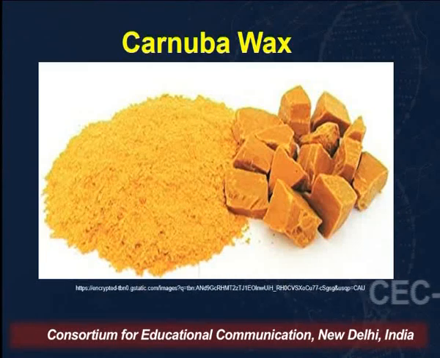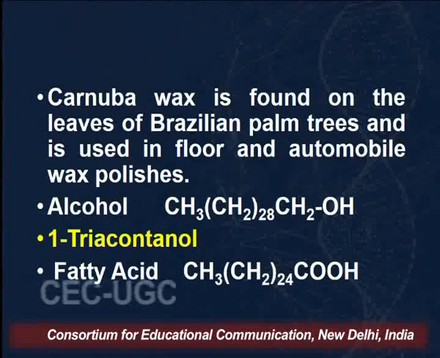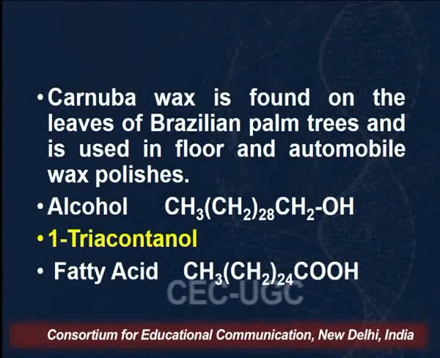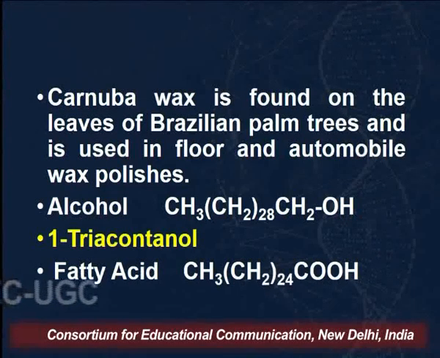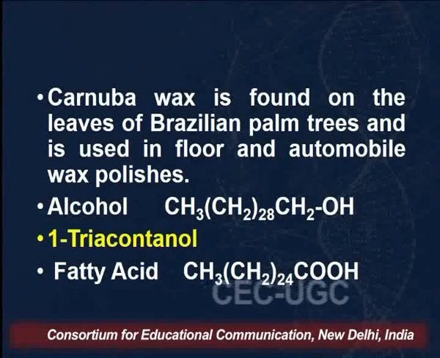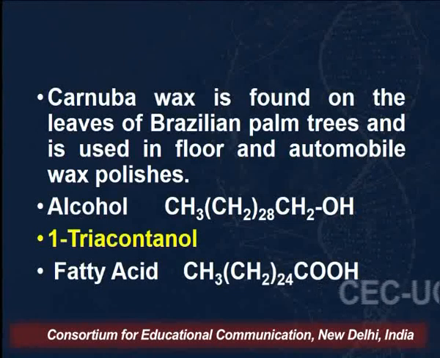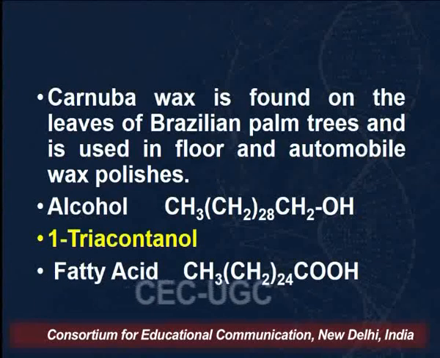Now let us go into the uses of Carnauba wax, or before that, the chemical constituents present in the Carnauba wax. Carnauba wax is an ester of triacontanol and a fatty acid, which is palmitic acid. When I am talking of triacontanol, I have explained what eicosanol is. That means it has 20 carbons.